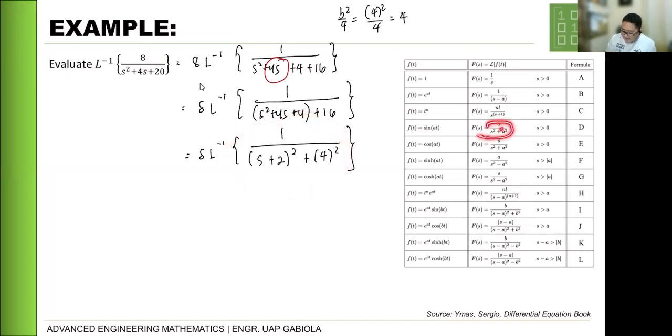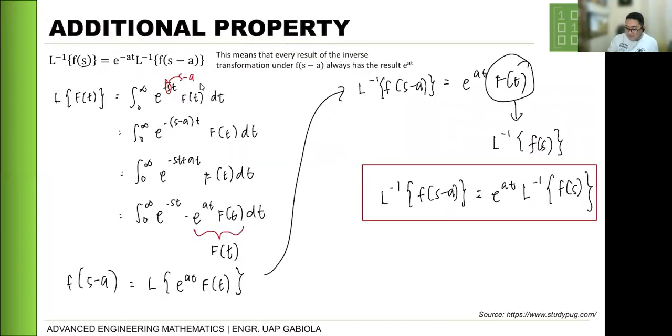S squared plus k, ito is a constant. Ito ay constant. Then we have an s, pero meron tayong value na s minus a. So dito, yung s plus 2 natin doon is actually s minus negative 2. Okay? So ibig sabihin, ito yung value ng a natin. Pag ibabalik natin dito sa transformation natin na to.